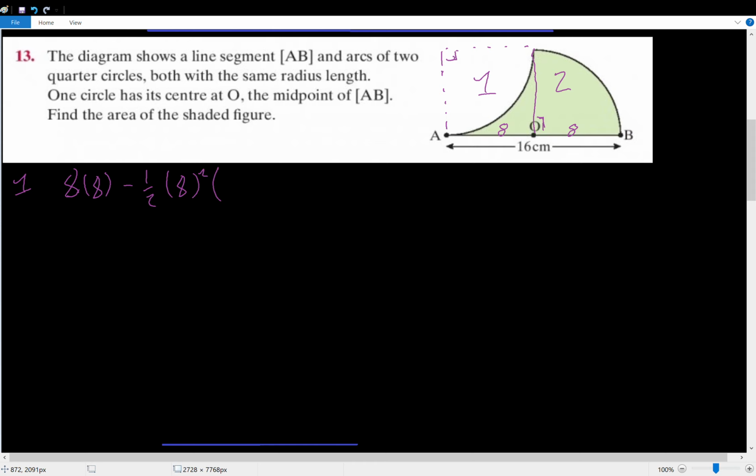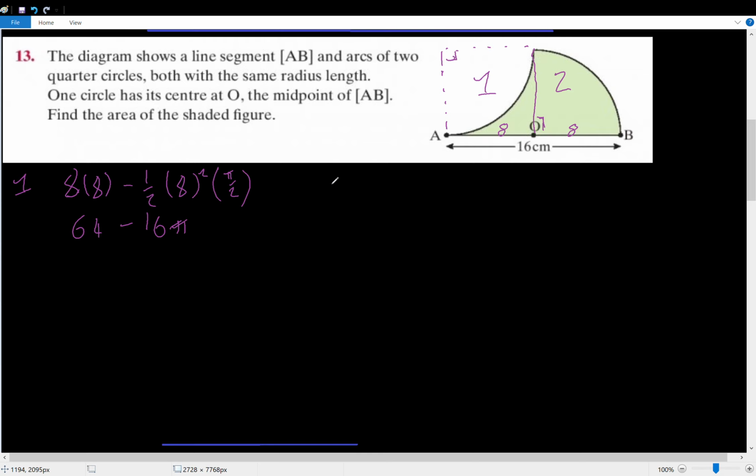Because it's a quarter circle, the angle at the center in radians is pi over 2. So 8 times 8 is 64, minus 1/2 times 64 times pi over 2, which gives us 16 pi. So that's area number 1.